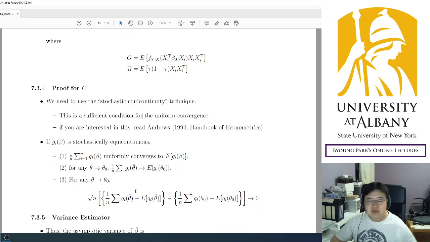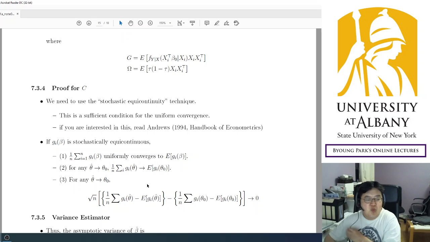So first, let me explain. We are calculating a difference. The difference in the braces is between the sample mean and the population mean. In some sense, you may understand this as the convergence error. The sample mean is converging to the population mean, but in a finite sample the convergence is not complete, so there may still be some error.